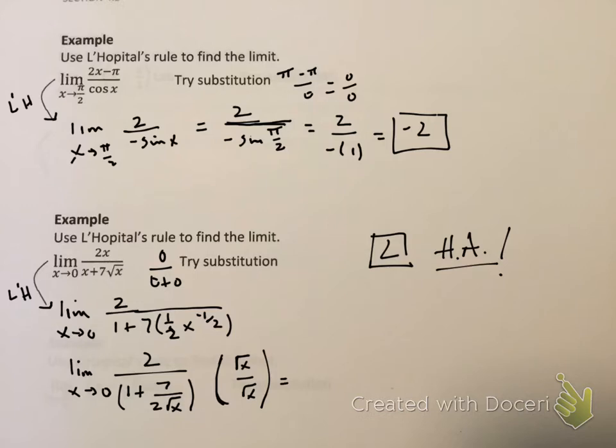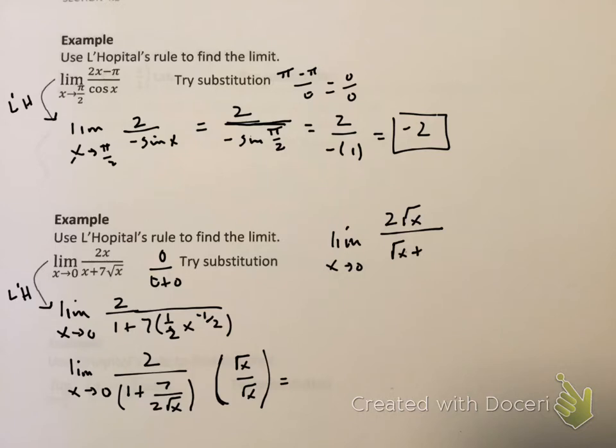All right, let me erase my prediction here of horizontal asymptote because I need the room. But anyway, so I'd have the limit as x approaches 0 of 2 the square root of x over what would amount to a square root of x plus 7 over 2.